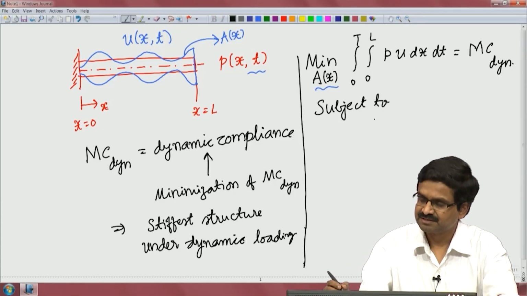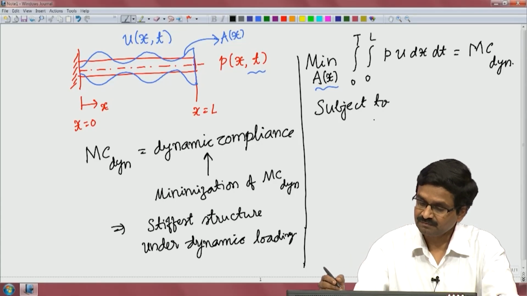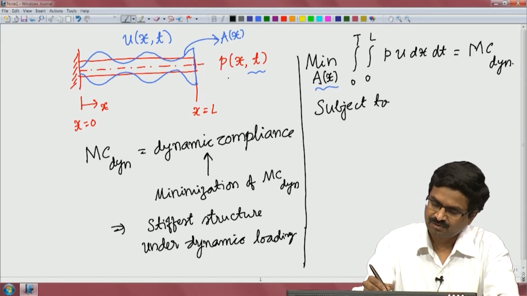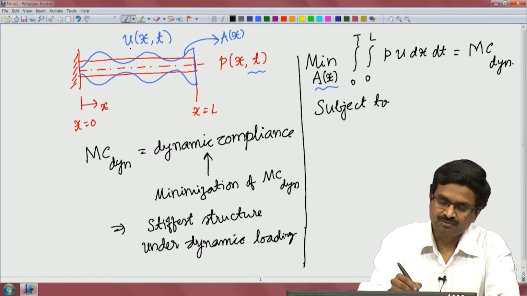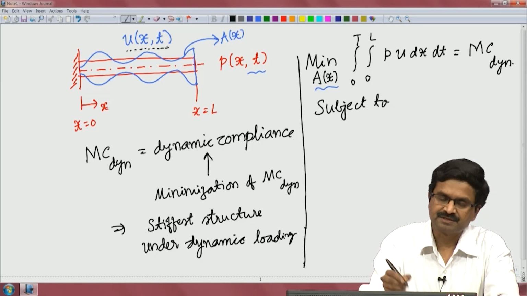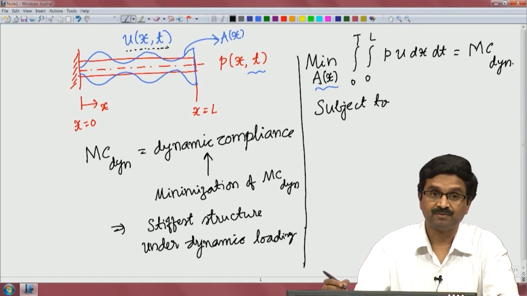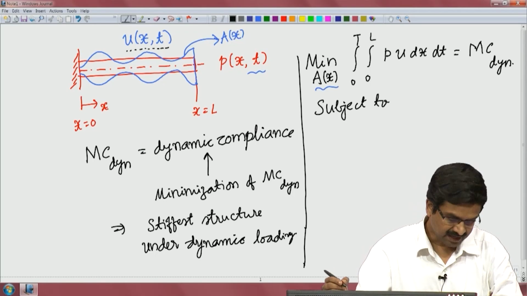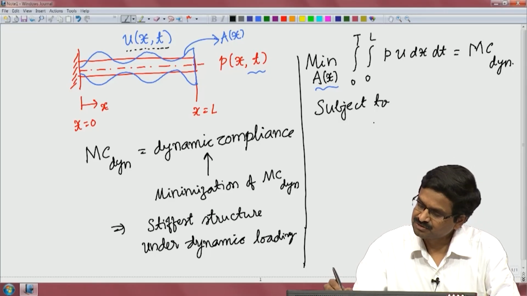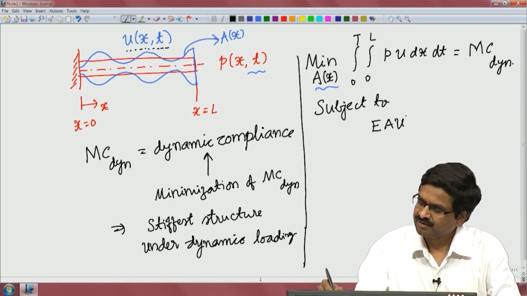For the constraints, we now have a dynamic situation. So, we need to have a function that controls this u(x,t), that is a state variable now, which is a function of x and time, right. So, we will write this as E A u prime prime plus p that we have.